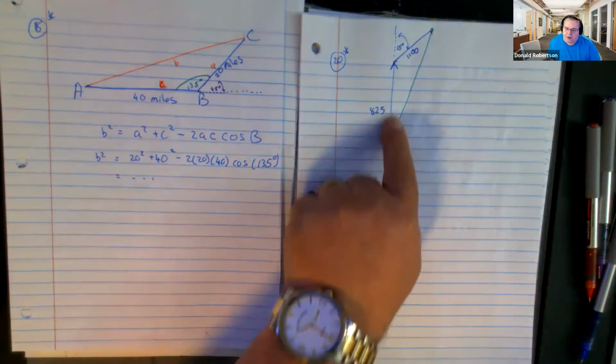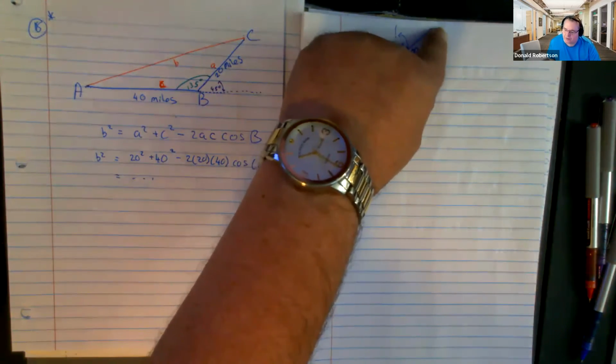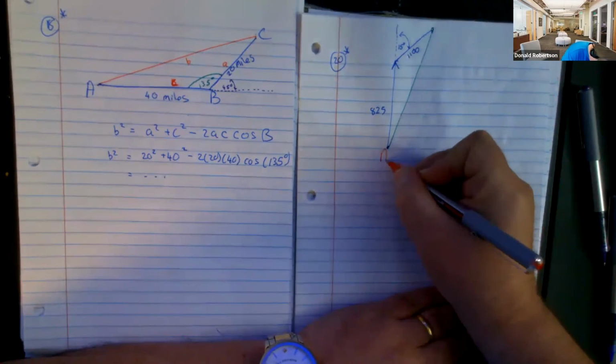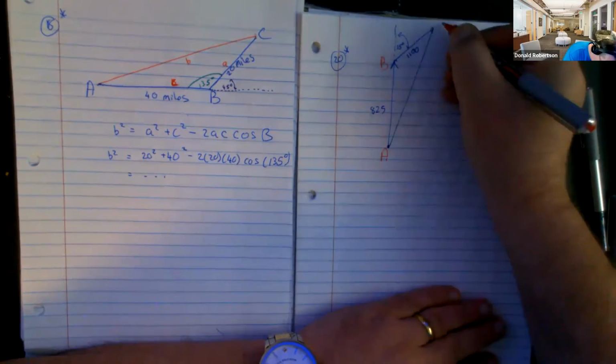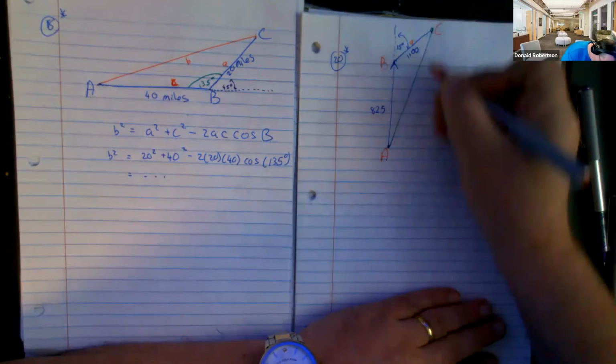So you went that way for 825, changed course and went that way for 1100, and now you're from here to here. Although this is an aircraft, don't you do very similar things when you're on a boat? You travel, you change course, you travel. The numbers are much smaller. Now I'm going to call my triangle A, B, and C. I know little a is 1100.